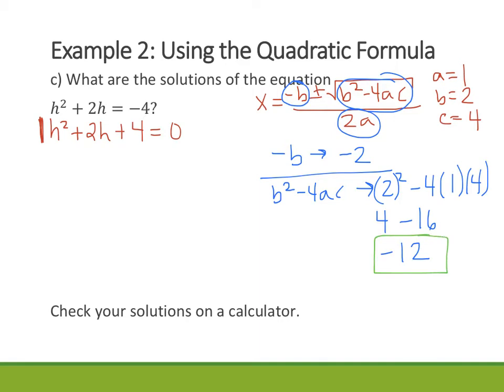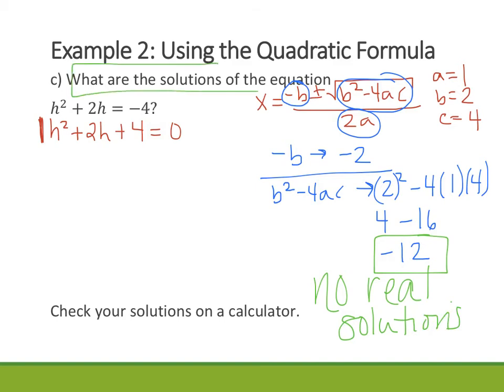Well, remember from our chart that if the discriminant is negative, that means that this particular quadratic has no real solution. And so that means that there are none here. So I can stop my work right now, write down that there's no real solutions, and I'm done.